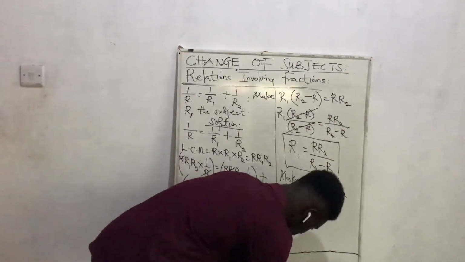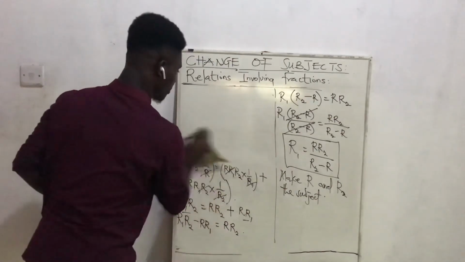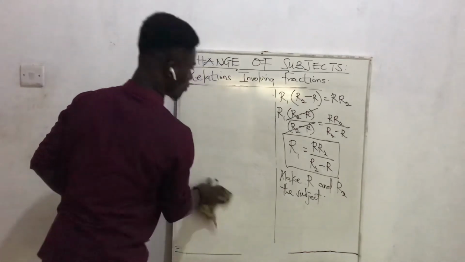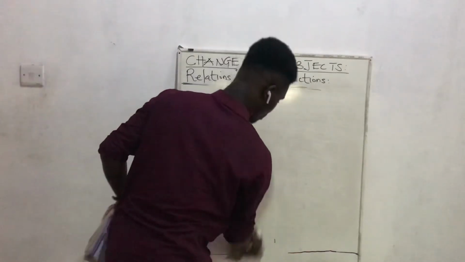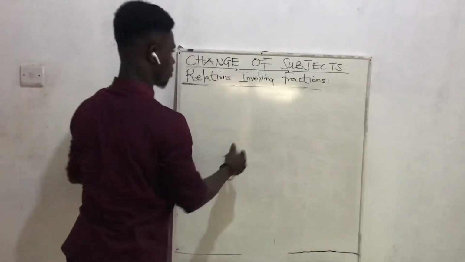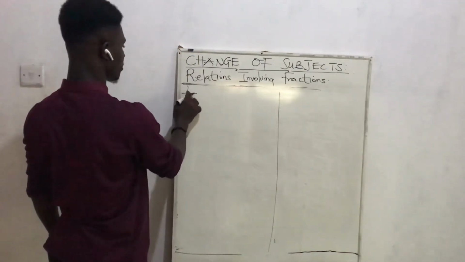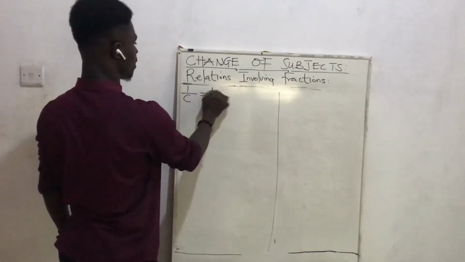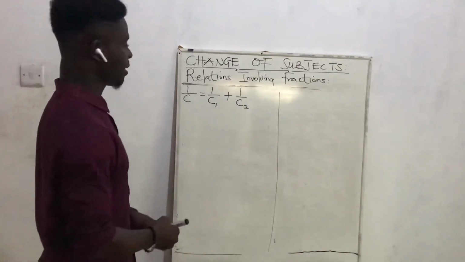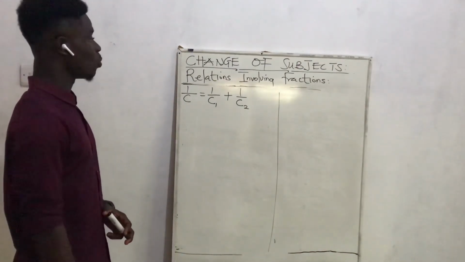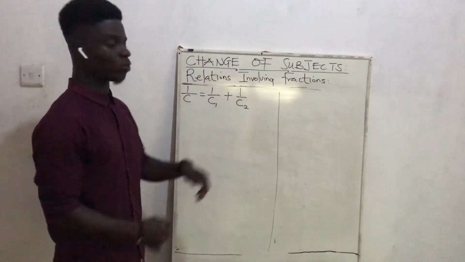Another example on that. Let's see. We have 1 on C equals 1 on C1 plus 1 on C2.